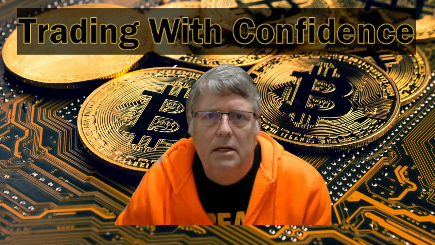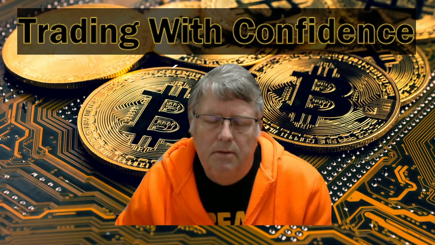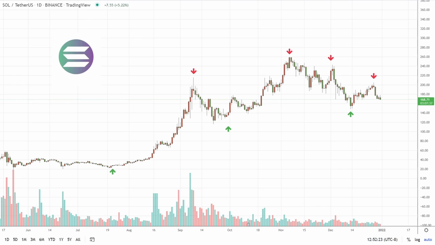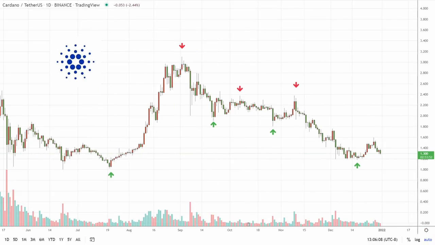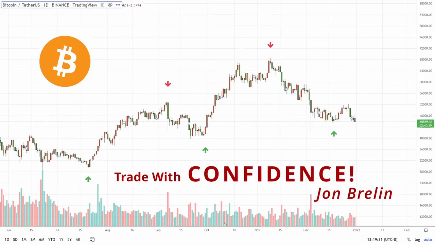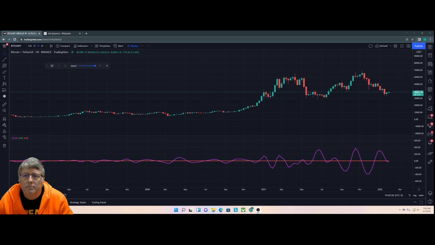So before I get into this oscillator, I think it's best that I give you a little bit of derivation. So first, I want to show you what the oscillator looks like. The oscillator looks similar to stochastics.